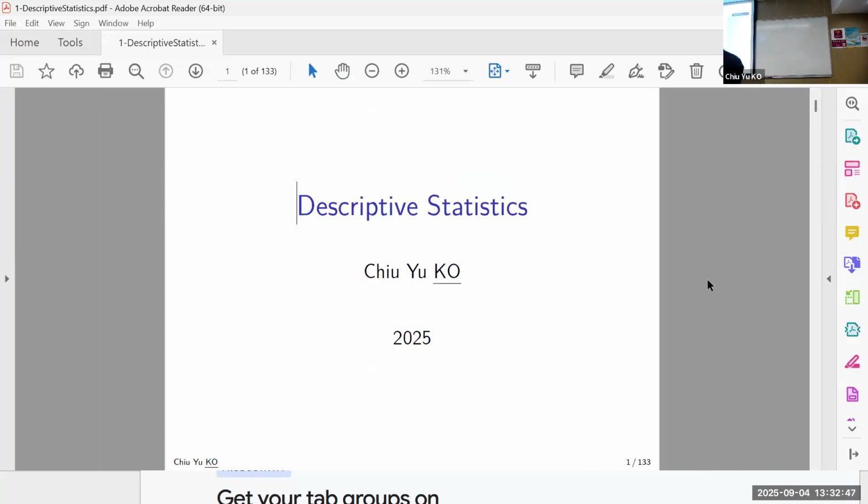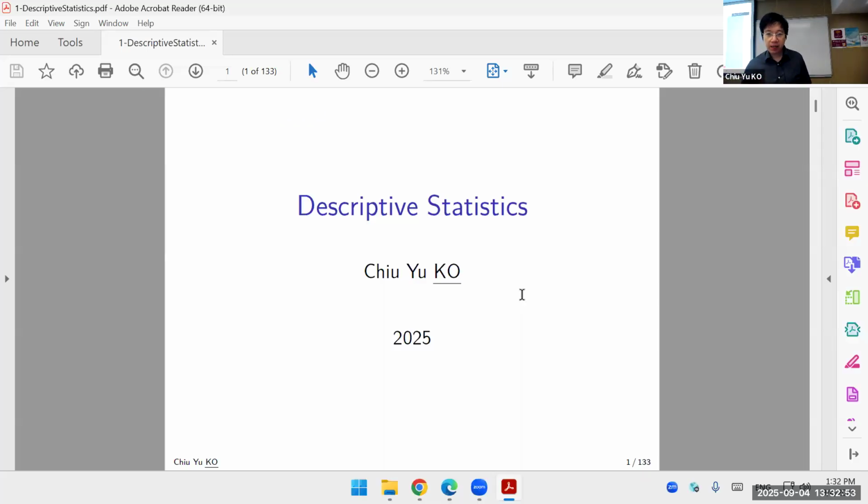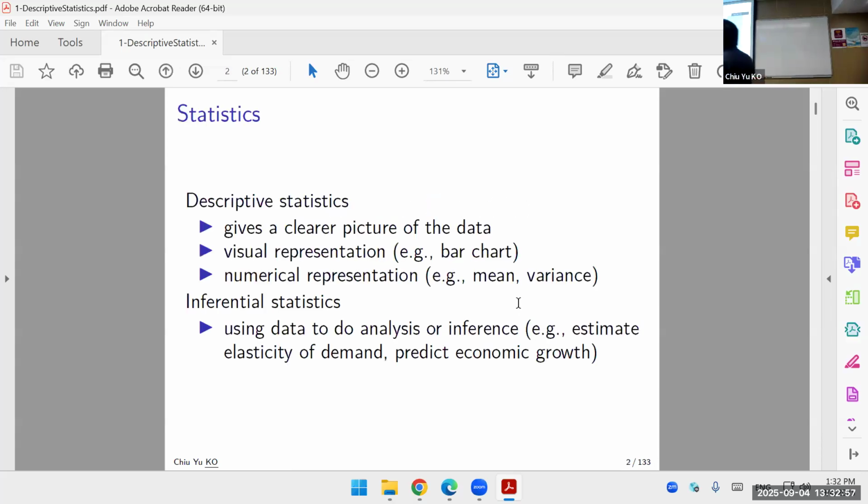So the topic one is related to descriptive statistics, and it is concerned with how to get a much clearer picture of the data by itself. And then we talk about how visual representation is a good one. And the other way to look at it is the numerical one. We look at the mean and variance.